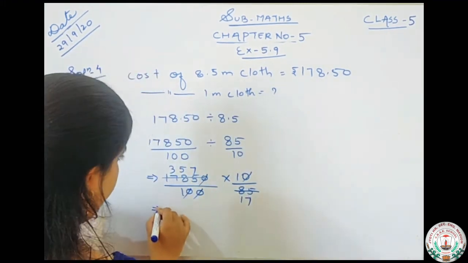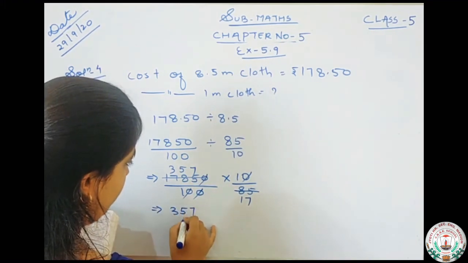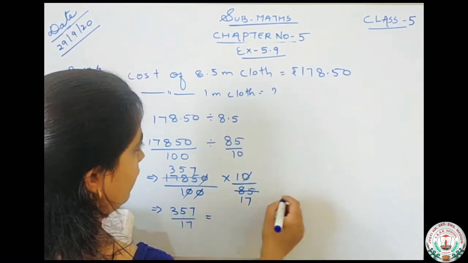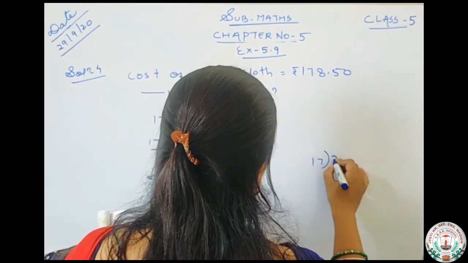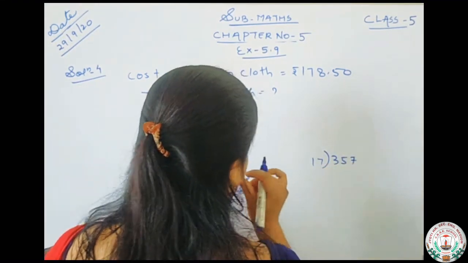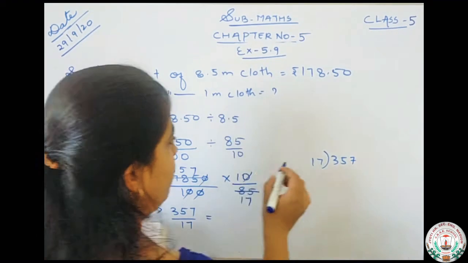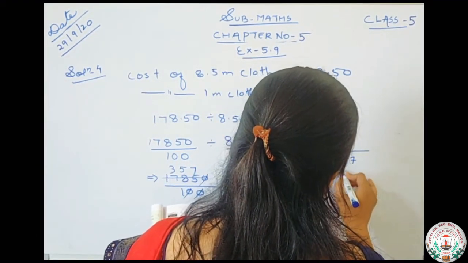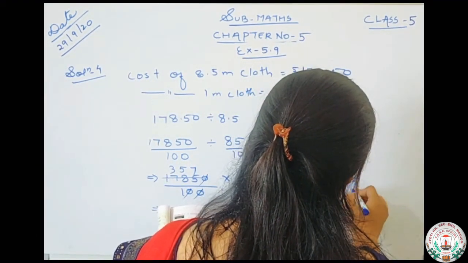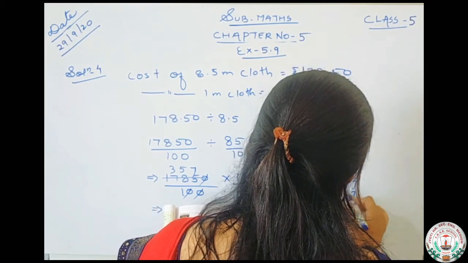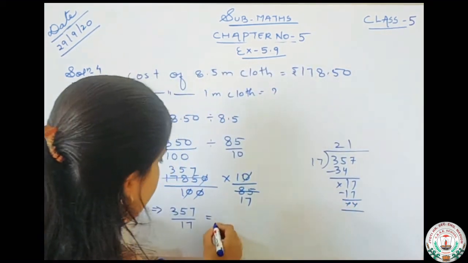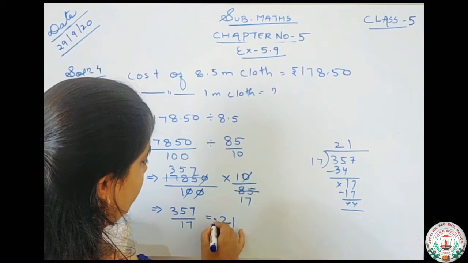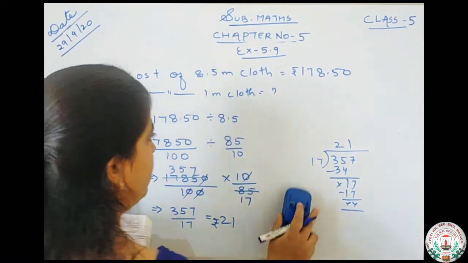So what is left out? 357 divided by 17. 17 twos are 34. 34 minus it, 17. 17 ones are 17. So what is the cost of 1 meter cloth? Cost of 1 meter cloth is rupees 21.